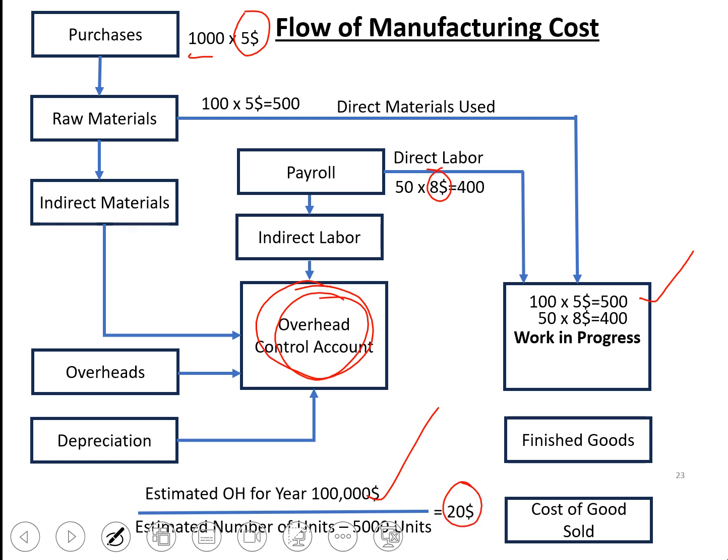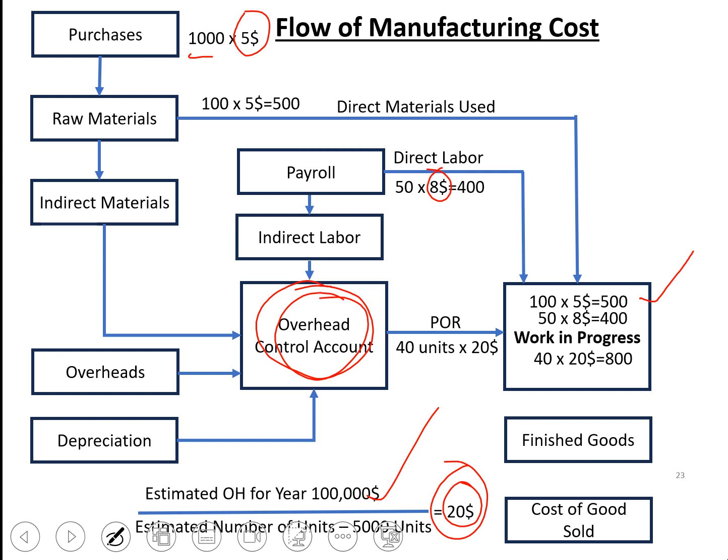We said to make one unit of A, I need $20 of overhead. Now we will take the 40 units we have completed and multiply that by $20, which is our POR. That much amount will go to our work in progress.